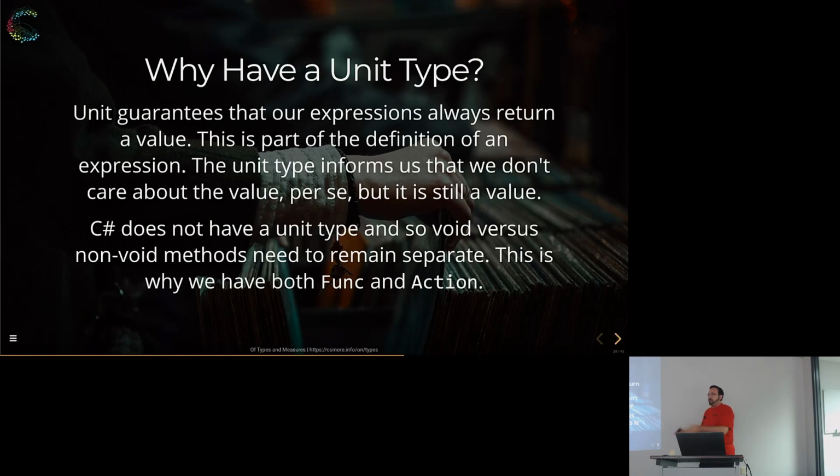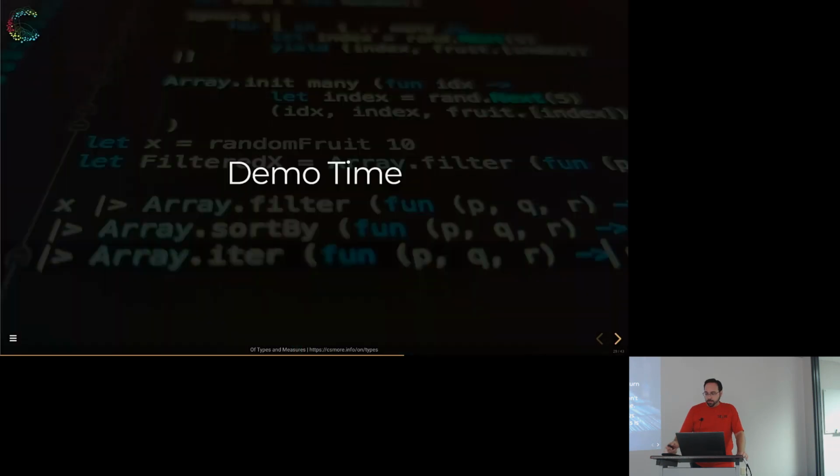Actions behave in a certain way, funcs behave in a certain way, and you can't really mix the two like you could if there were a unit type. If there were a unit type, everything's a func. You don't have to worry about the difference. So with that said, let's go into our demo.